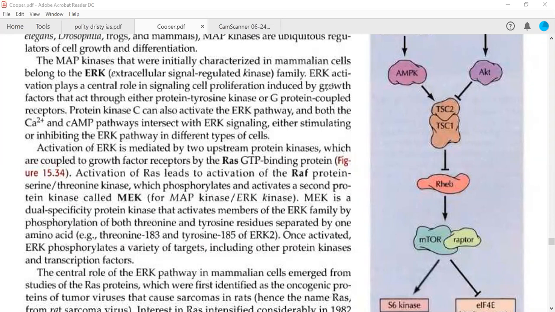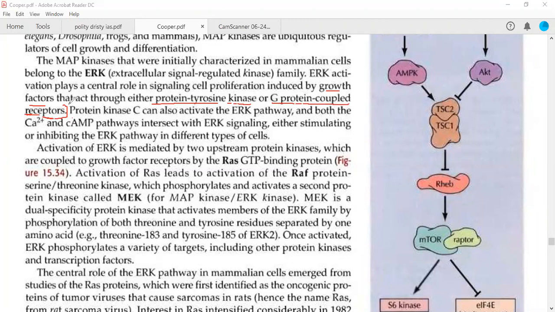And this is induced by certain growth factors or some type of signal molecules which act through either protein tyrosine kinases and GPCRs actually. So not only receptor tyrosine kinases, though we are studying this in context of receptor tyrosine kinases or protein tyrosine kinases, but these are also downstream pathways to some of the GPCRs, so G protein coupled receptors.